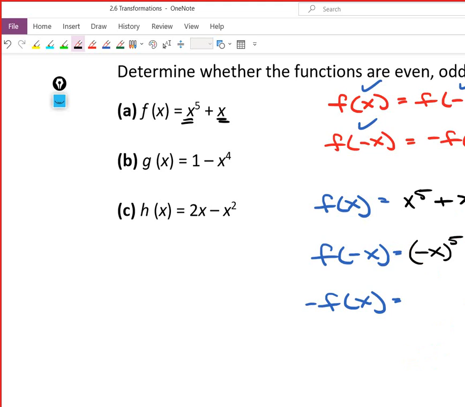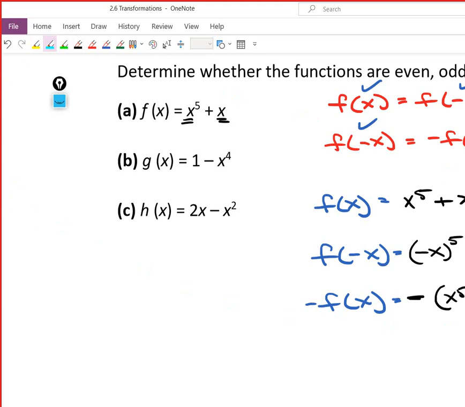Negative x to the fifth, plus a negative x gives me minus x. Good. Then I'm going to do this one. We'll take x to the fifth plus x and multiply it by negative. I always put a negative and then put my function f of x in parentheses, and that reminds me that I need to distribute that negative through. It gives me negative x to the fifth minus x, right?